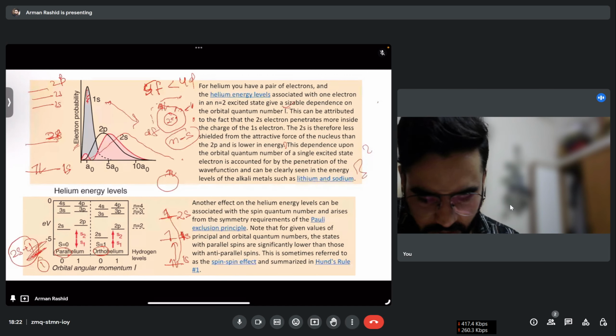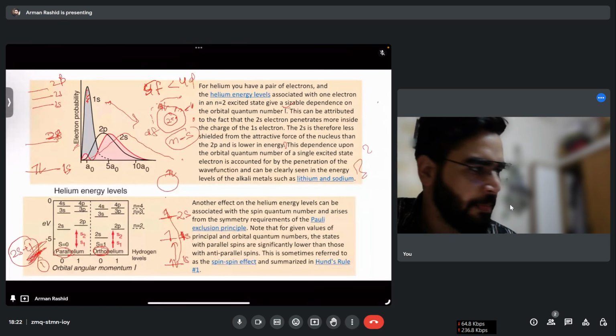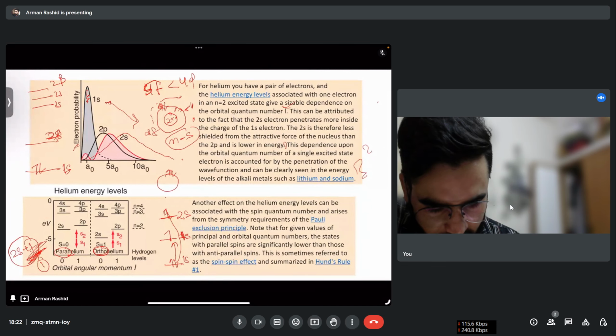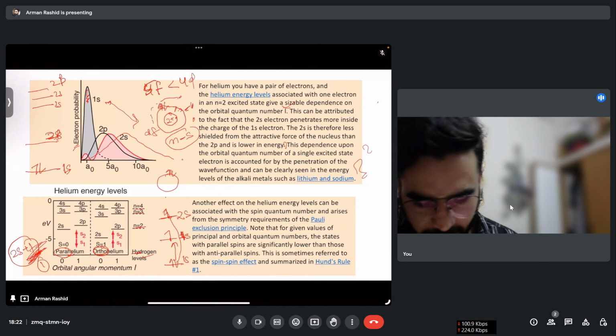You see that in both parahelium as well as orthohelium, the energy levels are different. This I have plotted: this is the hydrogen levels, this is the first level, n equal to 2, n equal to 3, n equal to 4. If you take parahelium, S equal to 0, that means the ground state, then you have 2s, then 2p.